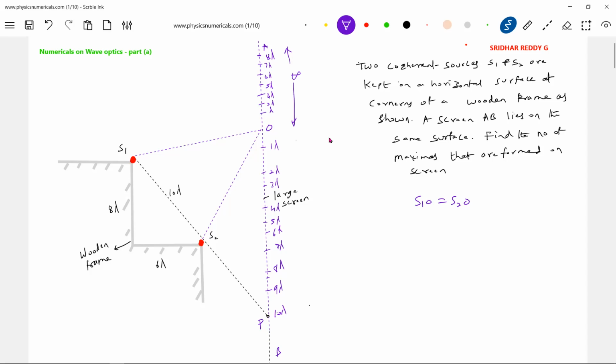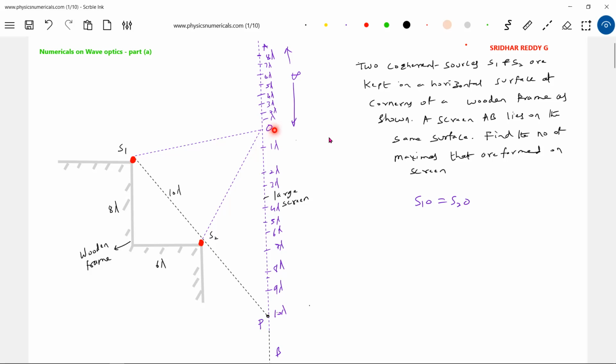So count how many maxima there are on the screen. 1, 2, 3, 4. Okay, that's 3, 2 lambda. 1, 2, 3, 4, 5, 6, 7, 8. 8. Okay, anyway, it's 0 plus 8.